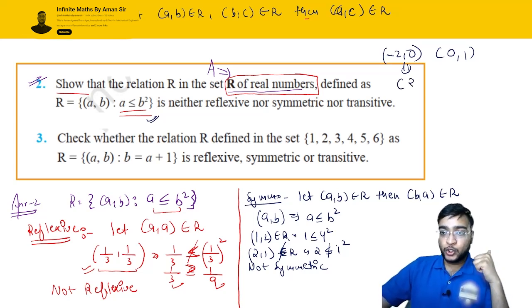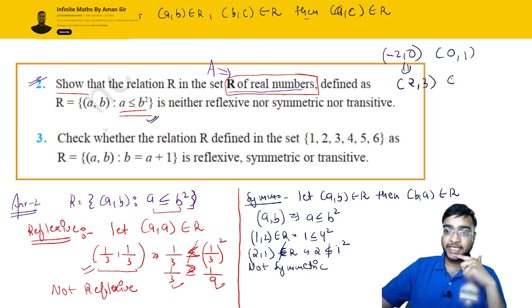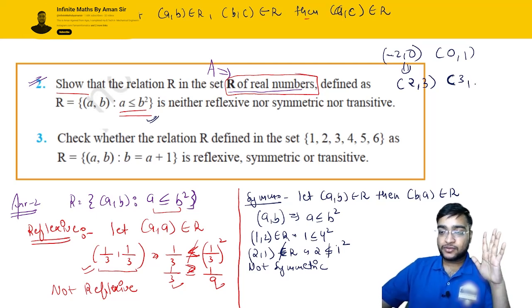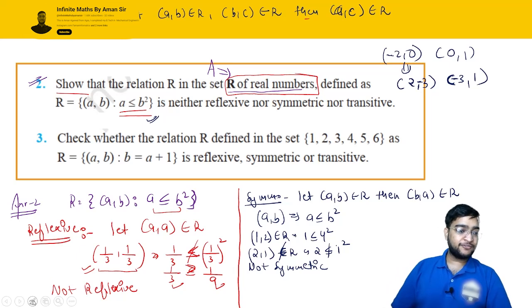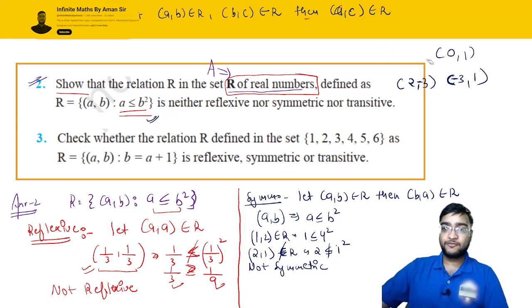Let's take (2, -3), and then (-3, 1). So this is the false condition that I've taken for this example.